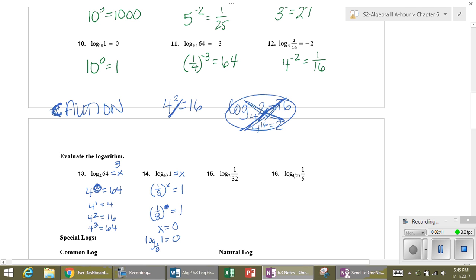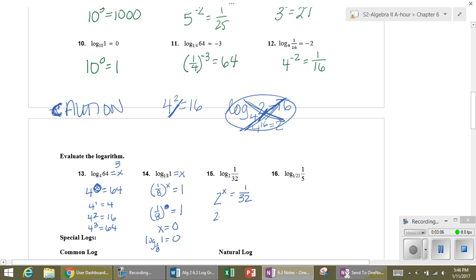Okay, number 15, log base 2 of 1 over 32. So 2 to the what power is going to make this 1 over 32? Now I'm super hoping that you've recognized that this is 2 to something. It's going to have to turn into a fraction. So I'm hoping you remember that this really needs to be 2 to a negative power.